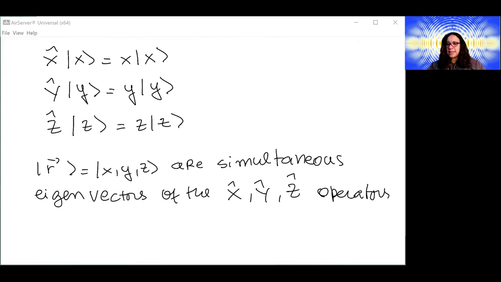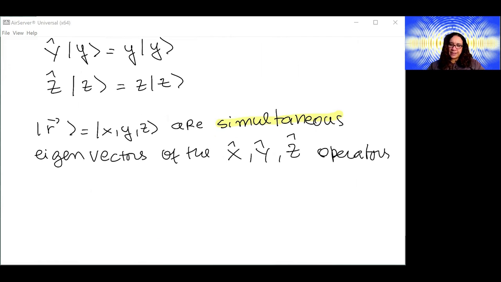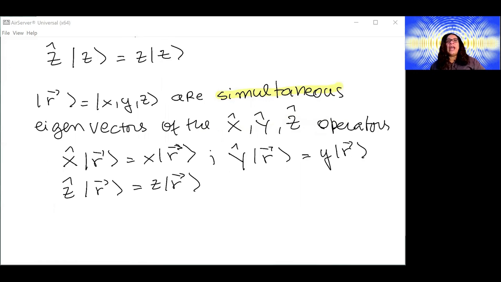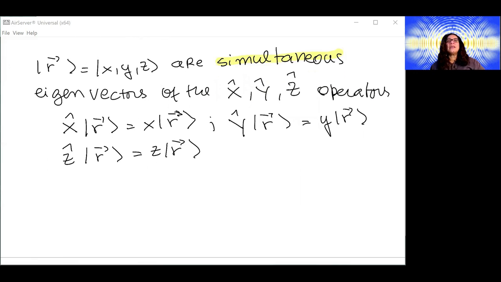Here the emphasis is pretty much on simultaneous, and how we're going to verify this. What do we want to achieve? We want to achieve that X applied to r is going to give you x r, Y applied to r is going to give you y r, and Z applied to r is going to give you z r. I'm going to show you for X, but you can pretty much use the same train of thought.